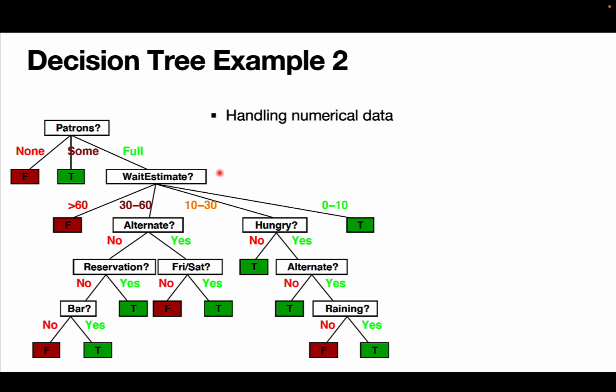Another observation is that we need to find a way to handle numerical data. In this very specific example, we were able to convert the wait estimate in minutes into discrete intervals and present them in the tree. But in other scenarios, we may need to perform some appropriate preprocessing.